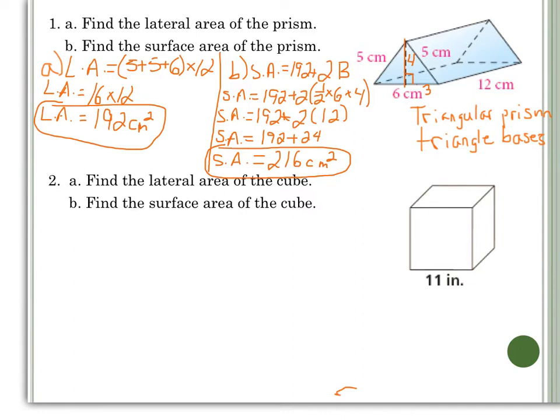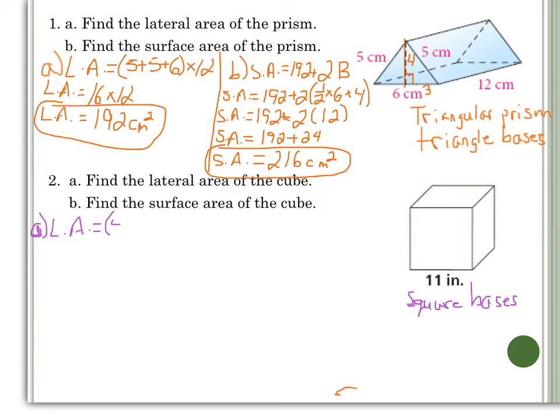All right, number 2, we want to find the lateral area of the cube and the surface area of the cube. Now remember, a cube has a square base. So our lateral area will be the perimeter.